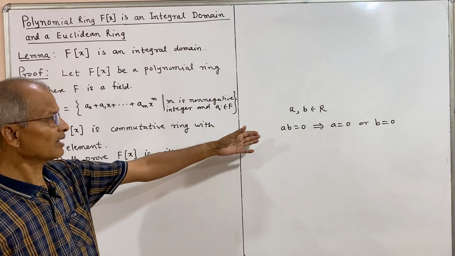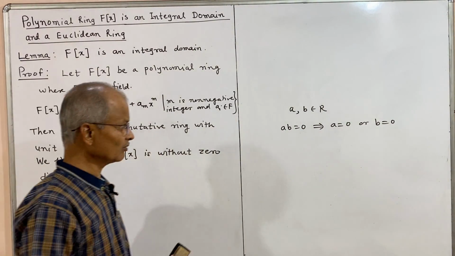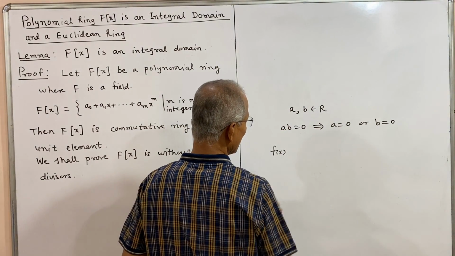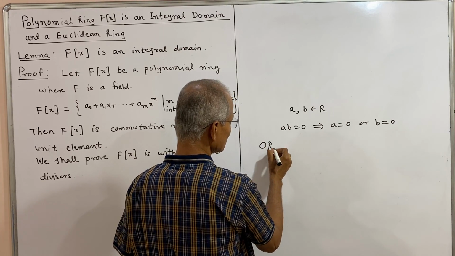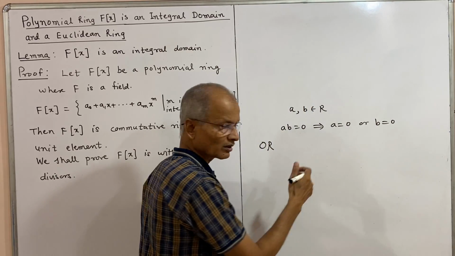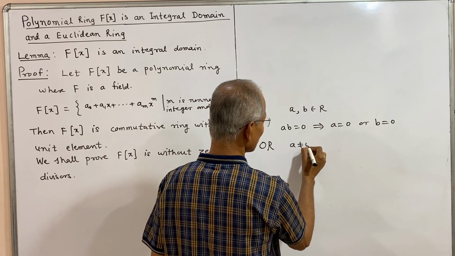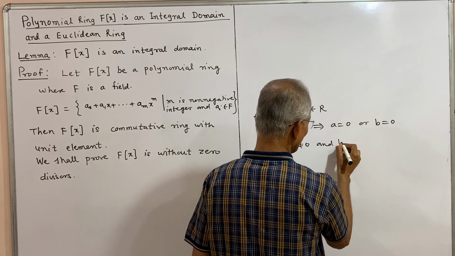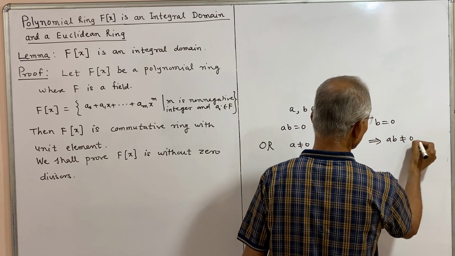Instead of a, b, here we have the elements as polynomials, and therefore we have to prove this condition for polynomials. This condition can be equivalently written using the contrapositive of the statement: whenever a is not equal to 0 and b is not equal to 0 implies the product ab is also not equal to 0.